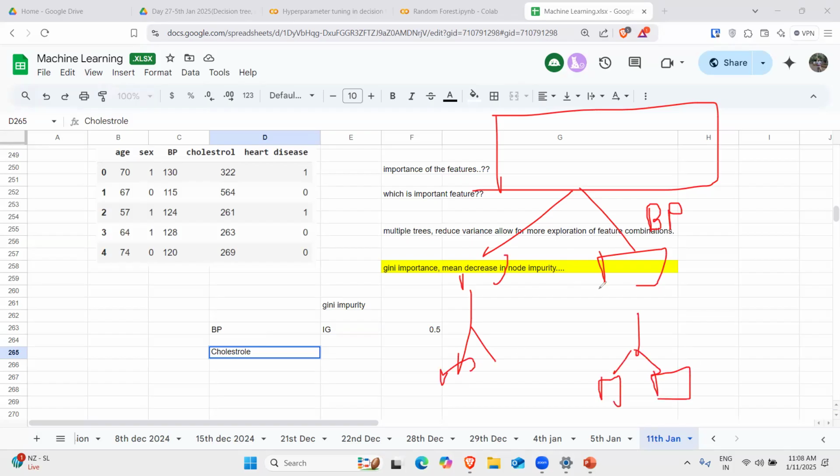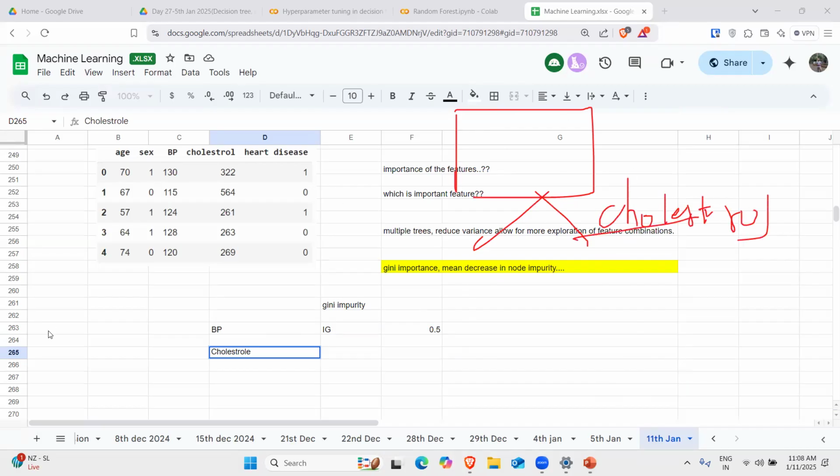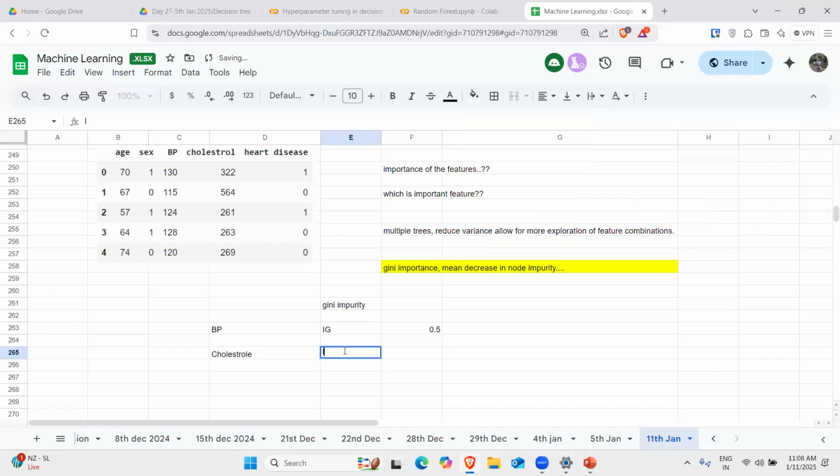Now you have taken another feature, let's say cholesterol, and you obviously know that cholesterol is a good predictor for heart disease, right? So the decrease in information gain is 0.7. So from this Gini impurity itself, you get an idea about which variable is most important and which variable is least important, right? So for each variable, we calculate the Gini impurity. Simple. And that's what the idea is. Yes or no?